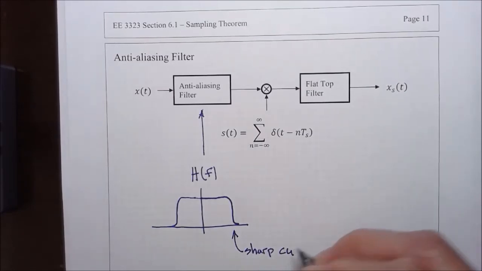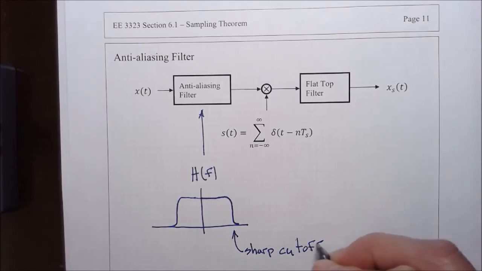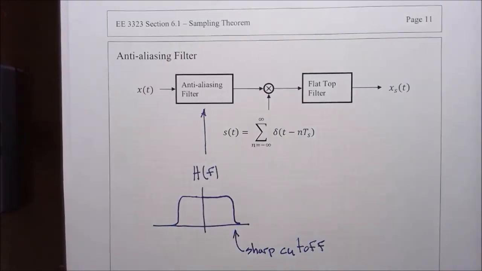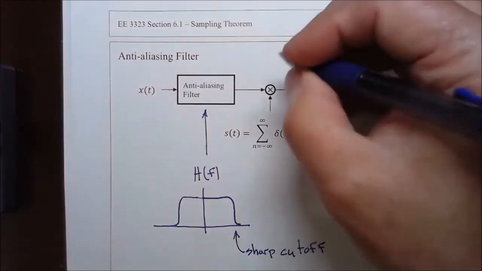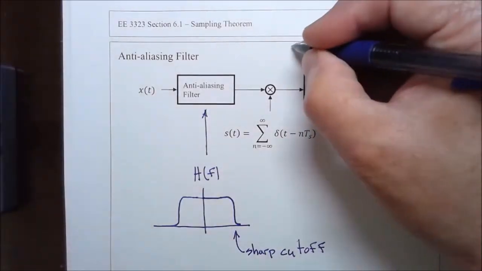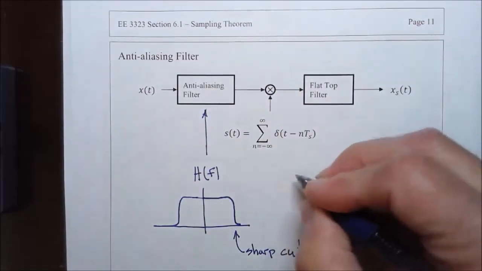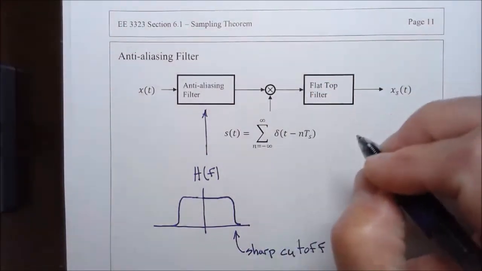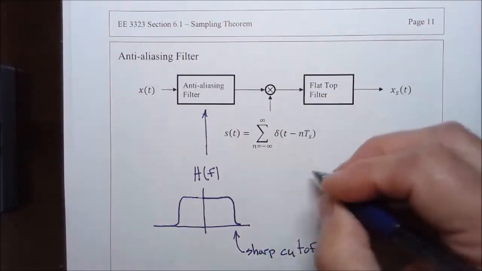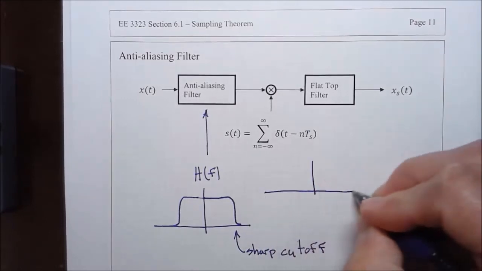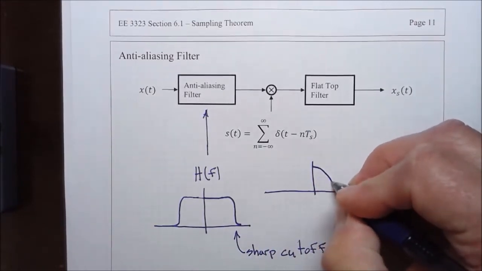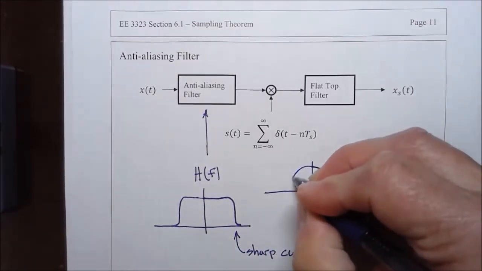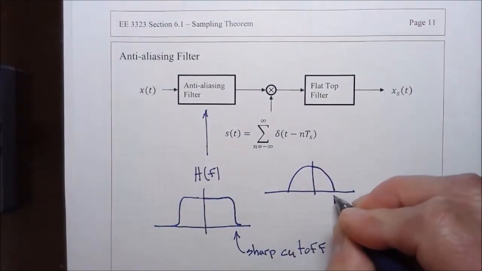So this has a sharp cutoff, so that the signal that is then applied to the sampling circuit has a more definite cutoff frequency.